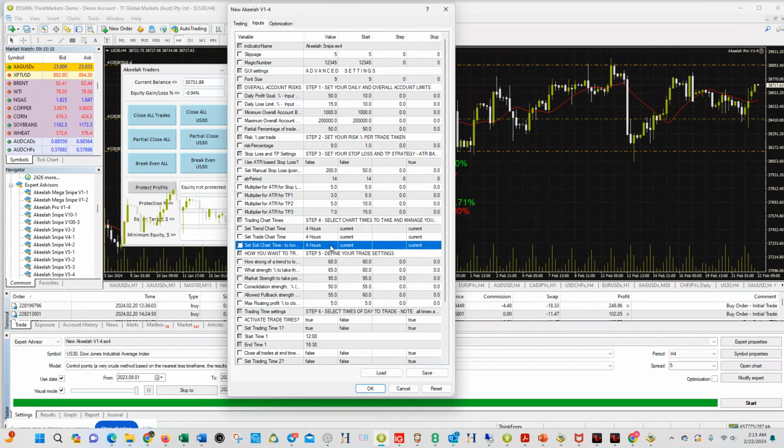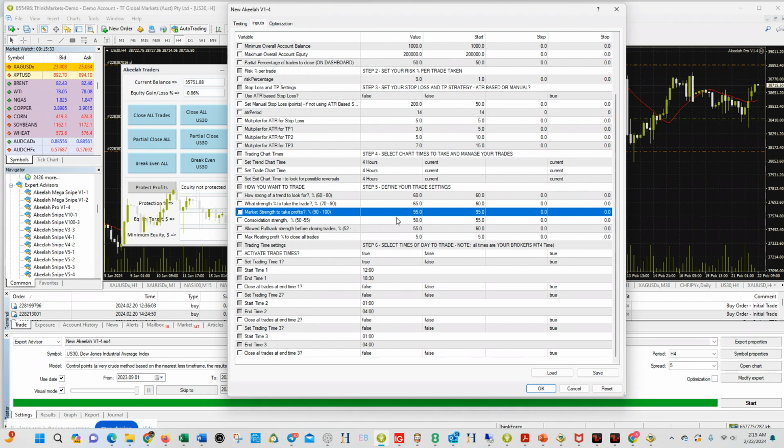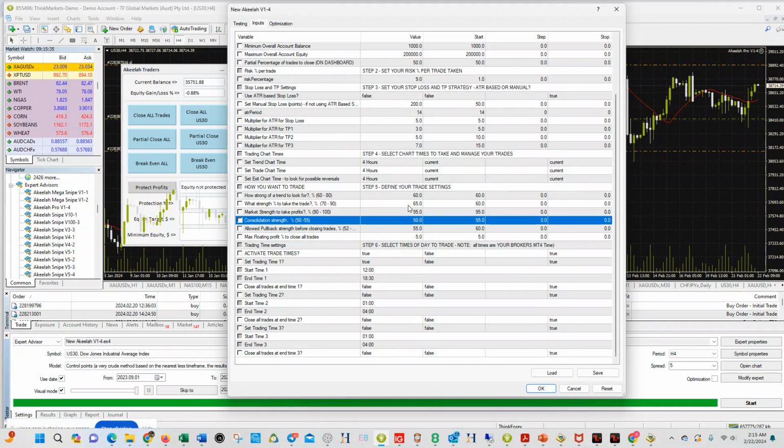So it's going to be looking for my entry and exit signals. My entry, how strong of a trend? I want to look at 60% before I consider doing anything. Once it reaches 65%, I want to actively look for buys or sells. My max strength is 95%. My consolidation, I move my consolidation number here to 50%.